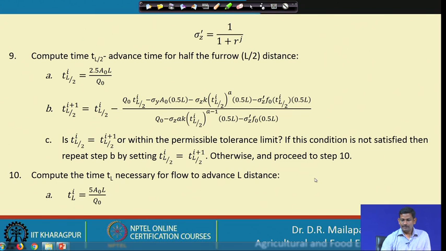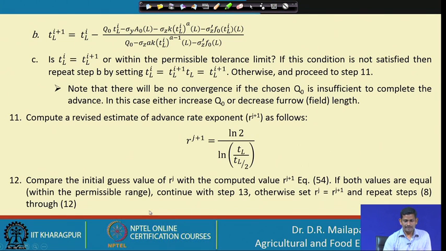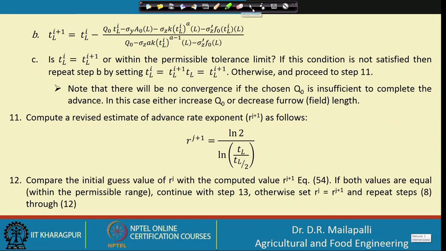Everything up to this follows. Finally, you calculate the R value, and now this R value, or B value, will be compared with the initial guess value.